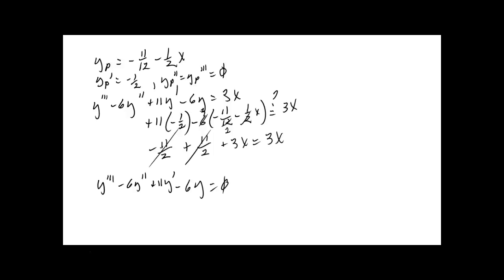Now, they point you back to example 9. This is example 10. So you turn back a few pages, well, one page to example 9. Okay? And there they say, here is a solution.